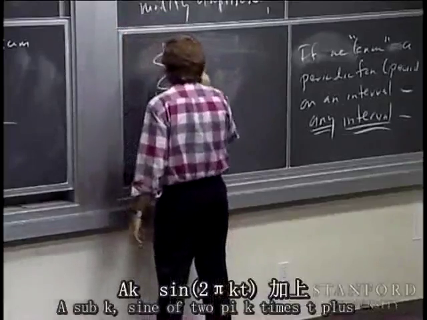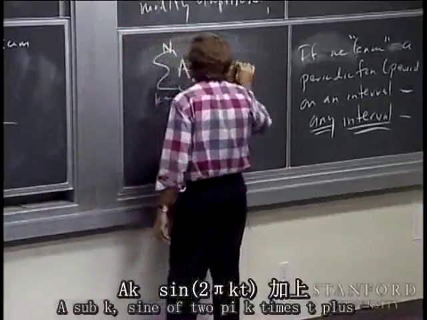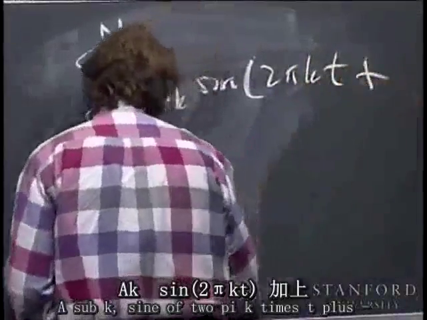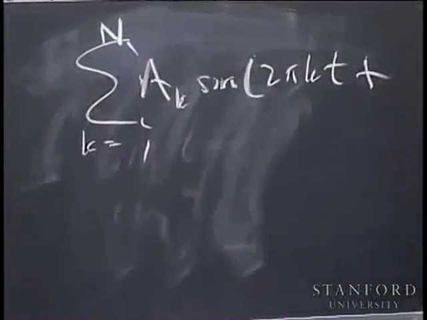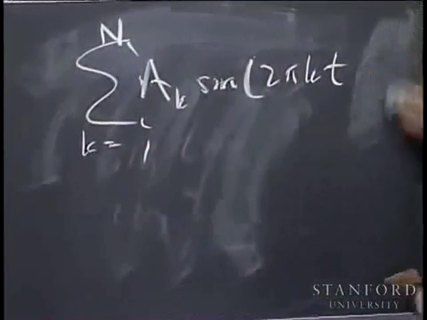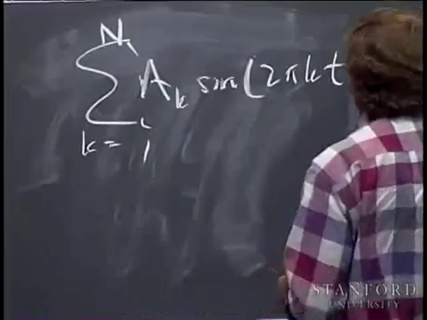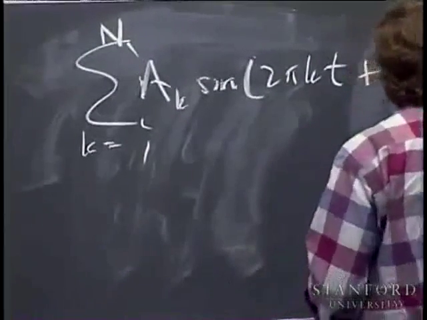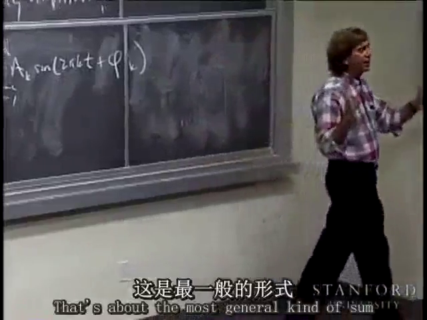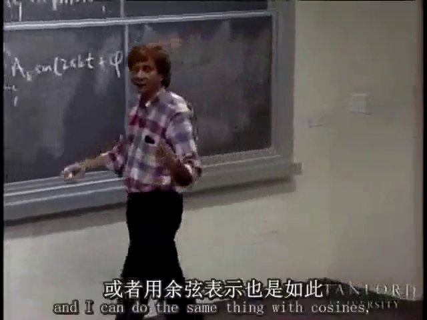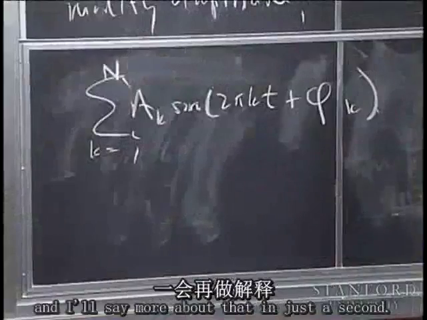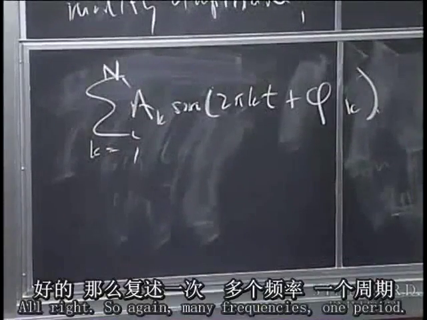A sub k sine of 2 pi k times t, that's modifying the frequency, plus phi sub k, allowing myself to modify the phase, phi sub k. That's about the most general kind of sum that we can form out of just the sines, and I could do the same thing with cosines, or I can combine the two, and I'll say more about that in just a second. All right? So again, many frequencies, one period.